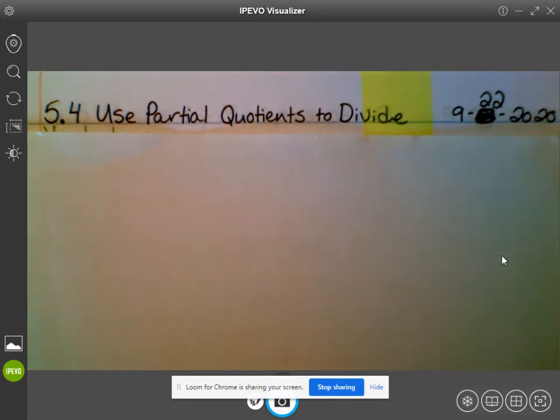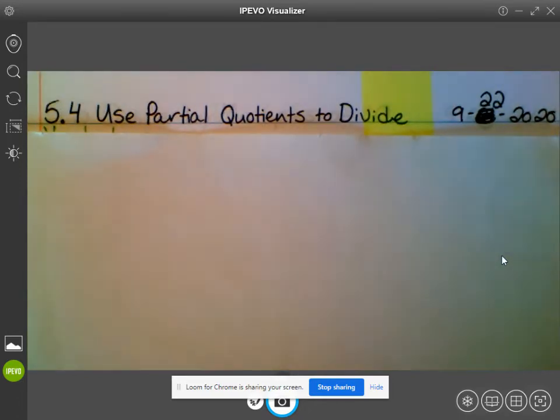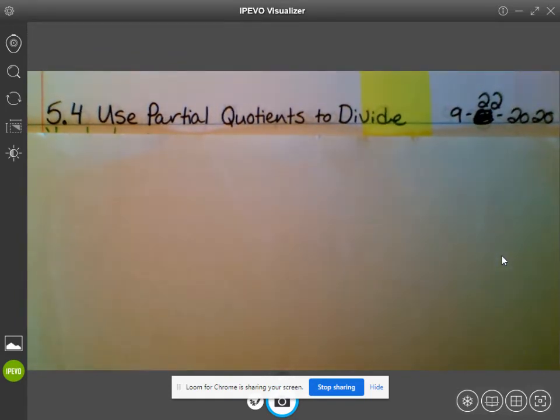All right, what else were we thinking about? Eosius? It's like partial products, but for division. Okay, they're like partial products, but instead of multiplying, we're dividing. Okay, what else? Mackenzie? Like multiplication, but with division.